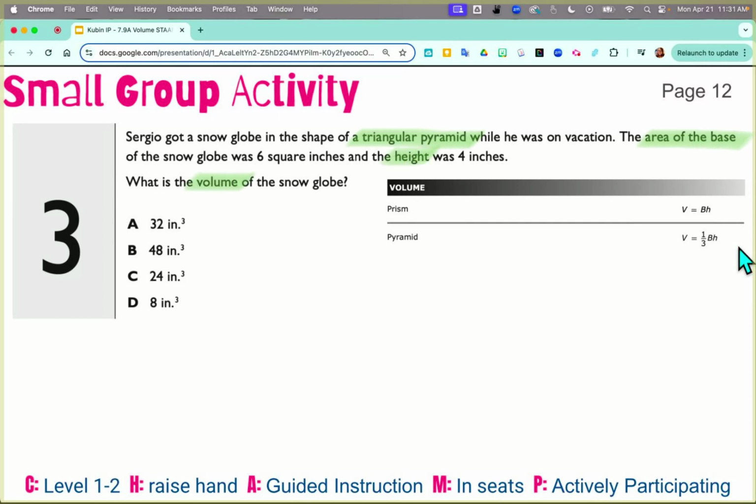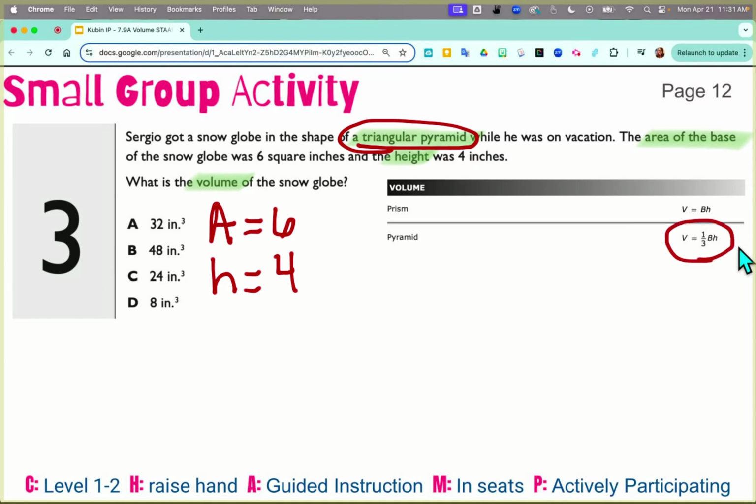What is the volume? This word problem already gives us a whole bunch of information. It's telling us that the area is 6, the height is 4, and that it's a triangular pyramid. That is key because pyramid is the formula we need.